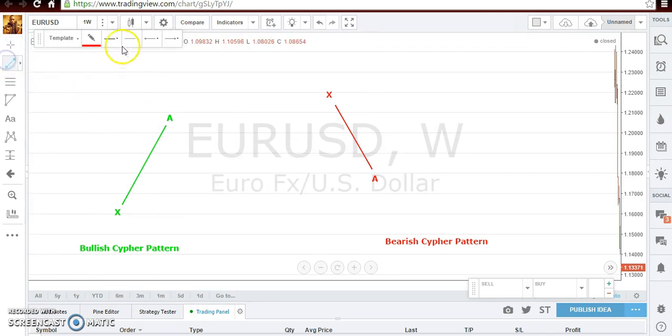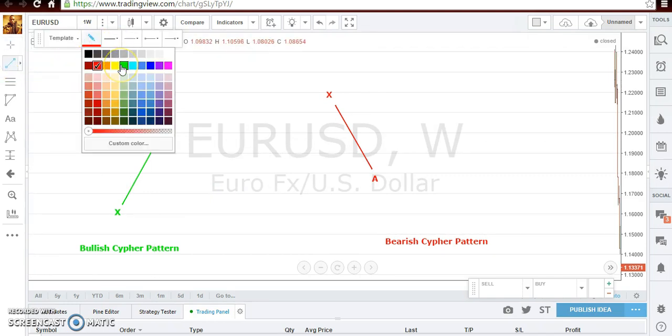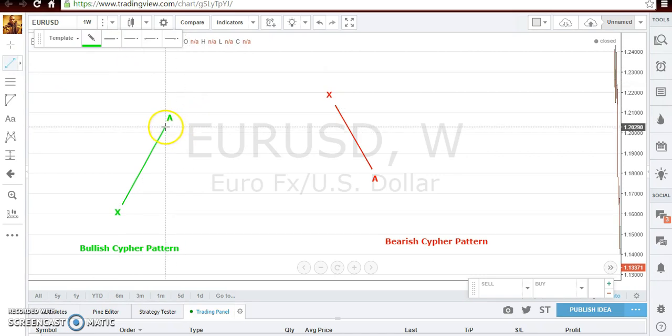So the next thing to do is bring in the next leg, which is the retracement of the X to A leg, or in other words, the A to B leg.